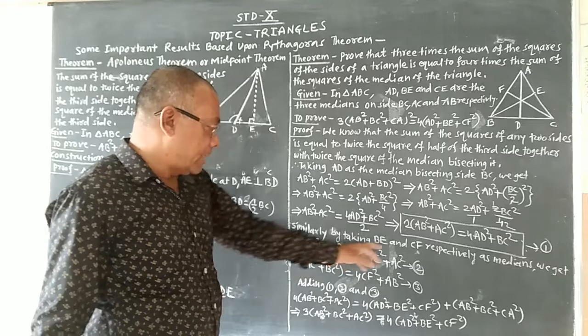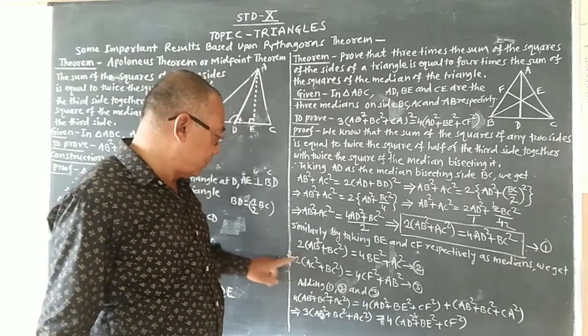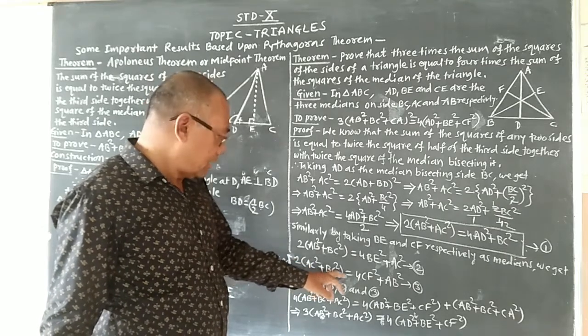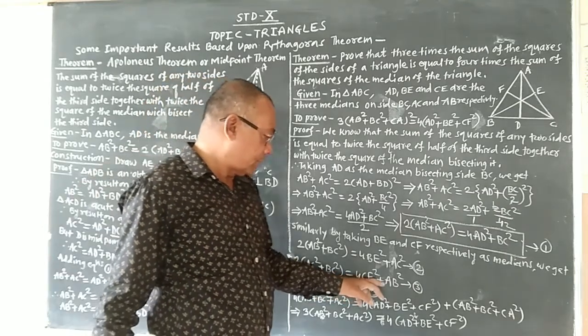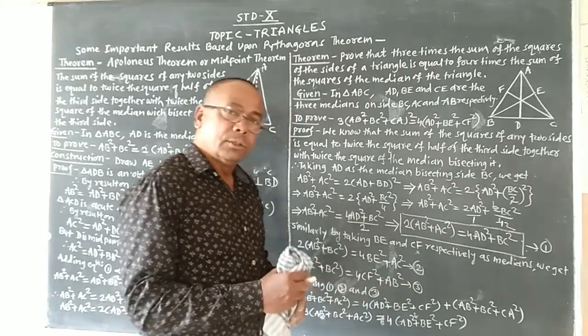And similarly, by taking CF as a median, we get 2 into (AC square plus BC square) is equal to 4CF square plus AB square, and that is equation number 3.